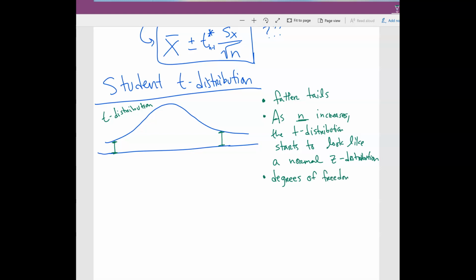We usually denote degrees of freedom with df. The degrees of freedom is just equal to n minus 1, where n is the number of samples. Now, there are a lot of reasons why the degrees of freedom are n minus 1.